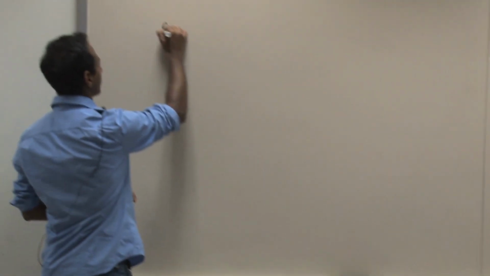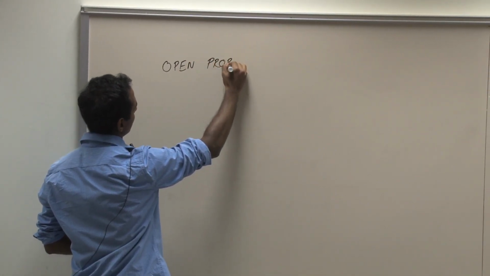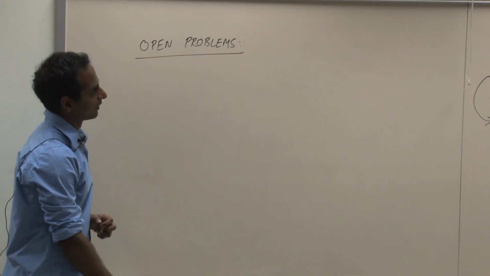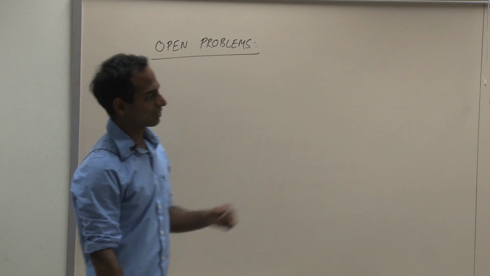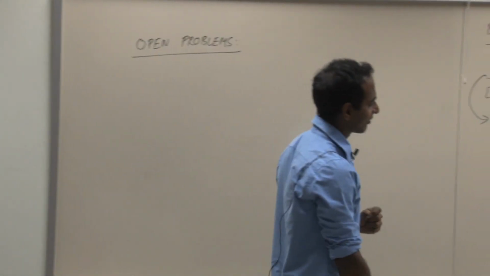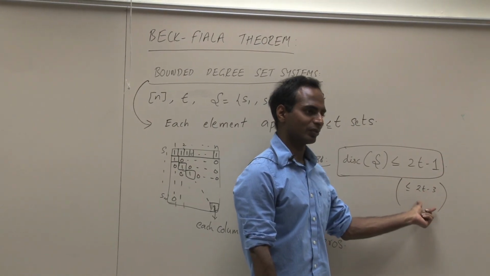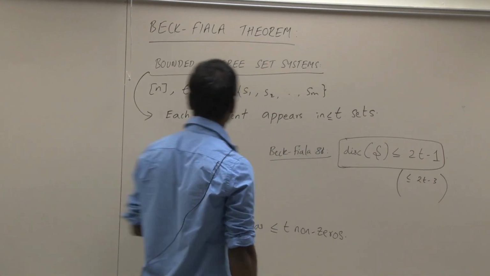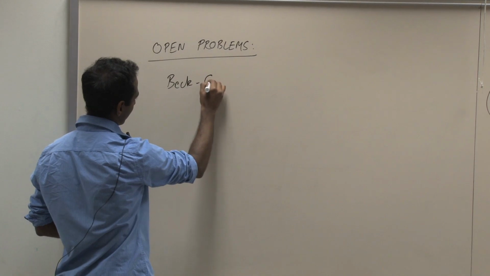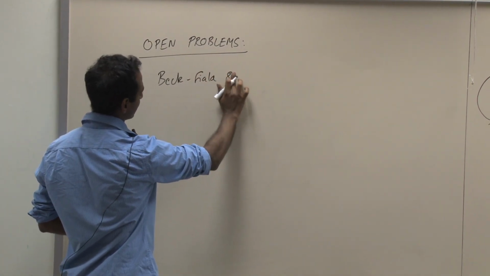One of the main open problems here: in the same paper that introduced this method, which gave this 2t minus 1 bound, and as I said, we haven't obtained very strong improvements besides this minus 3 and minus 4 really, there's a conjecture by Beck and Fiala from '81.